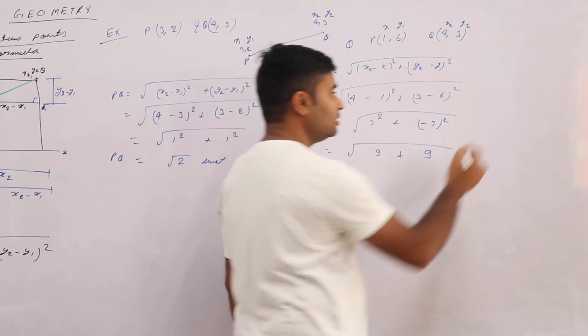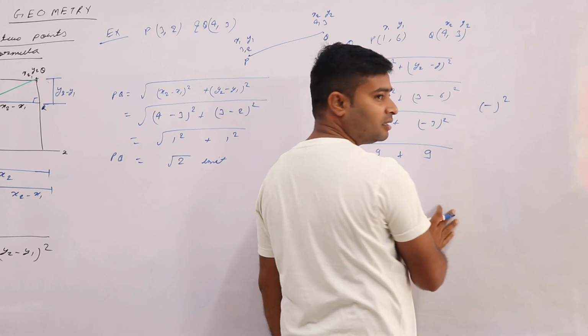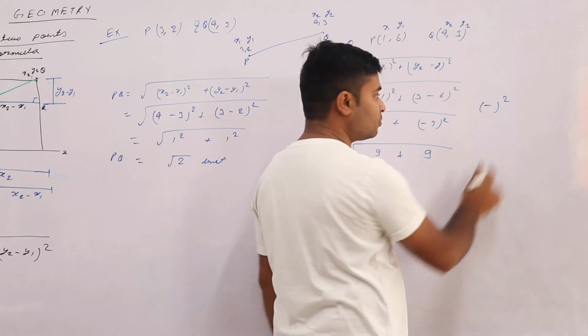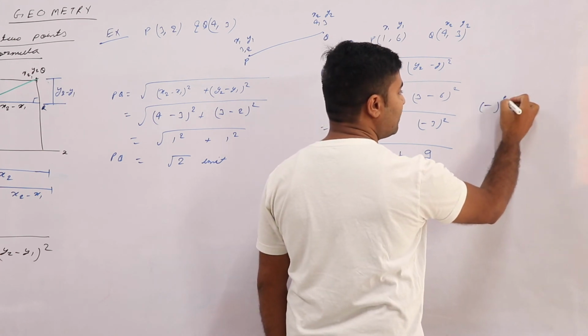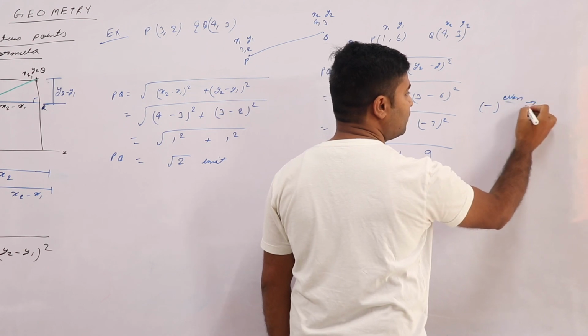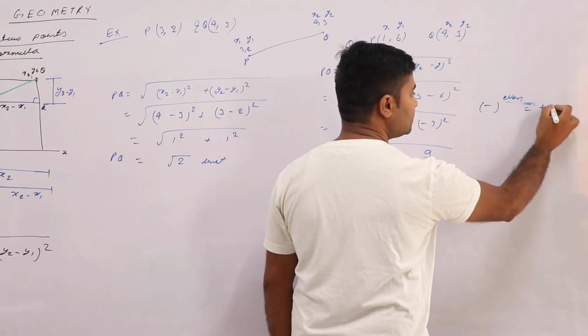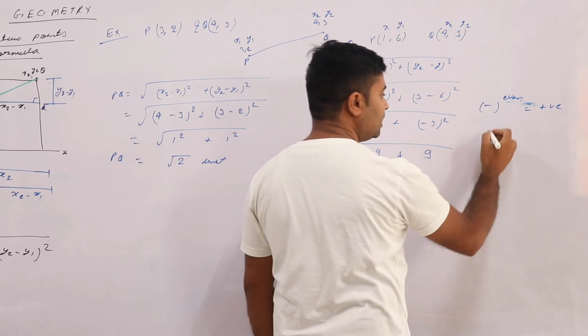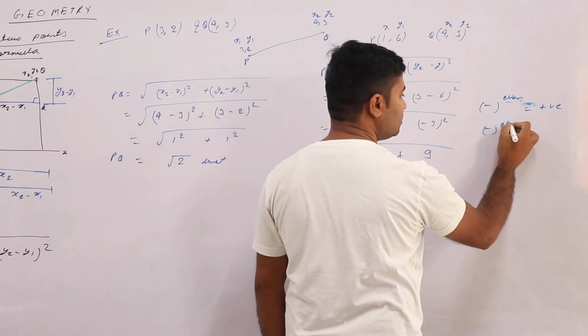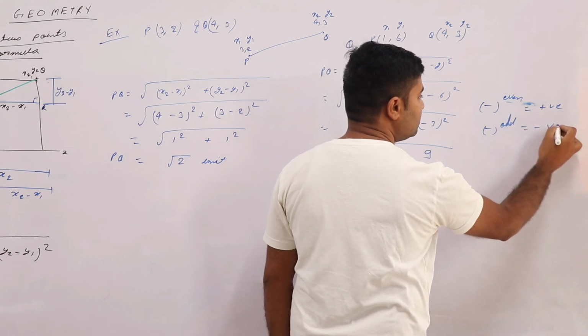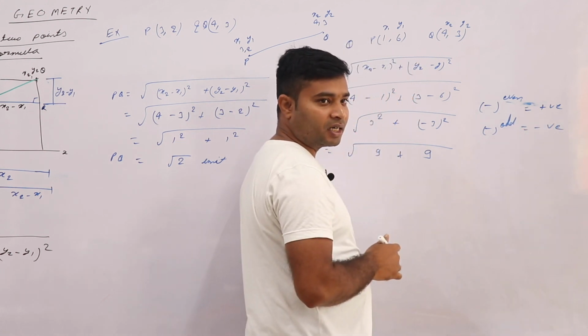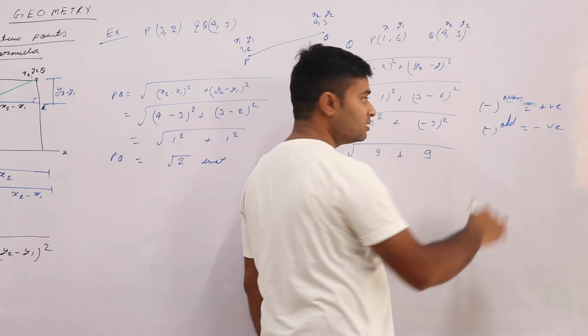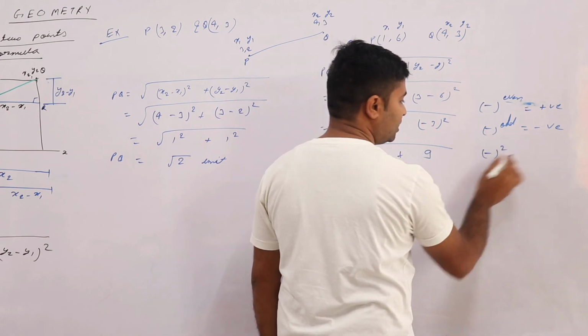How? Minus a square, or minus to the power any even, always gives positive only. And minus to the power odd always gives a negative. Correct. If you want to go more basic, minus to the power 2 I have written.